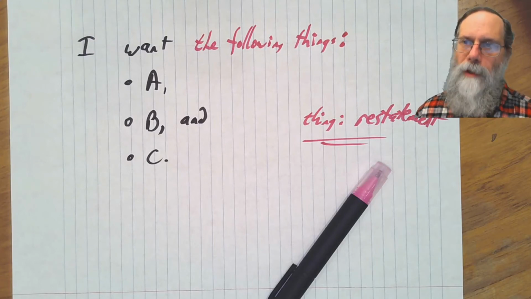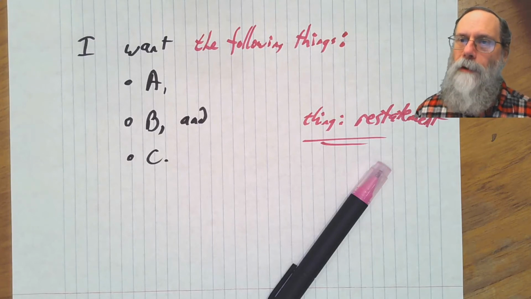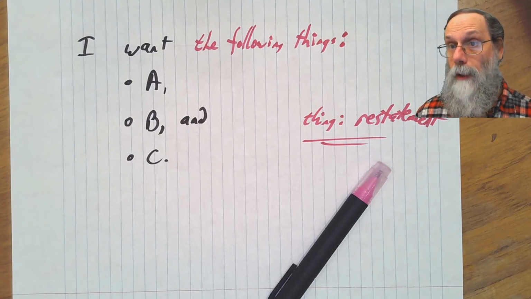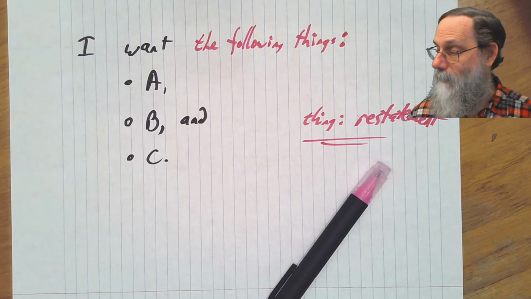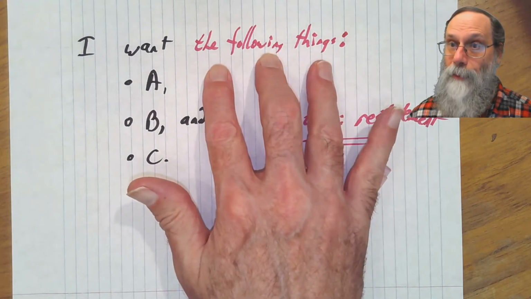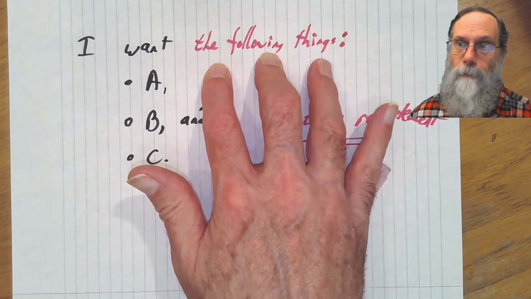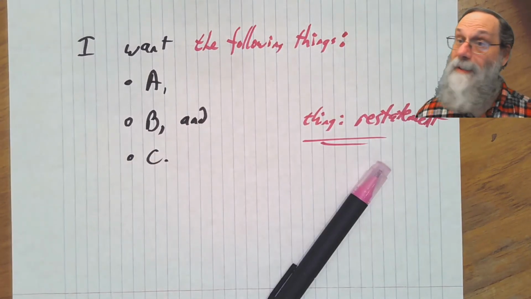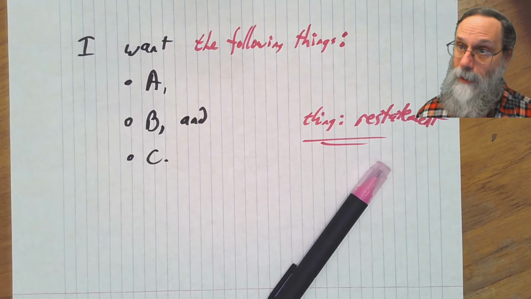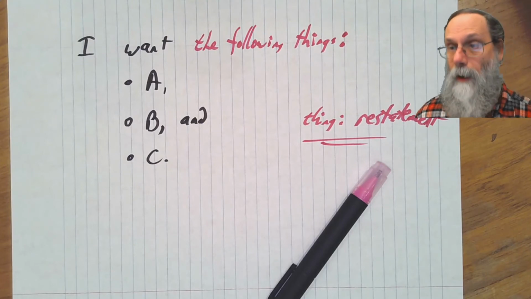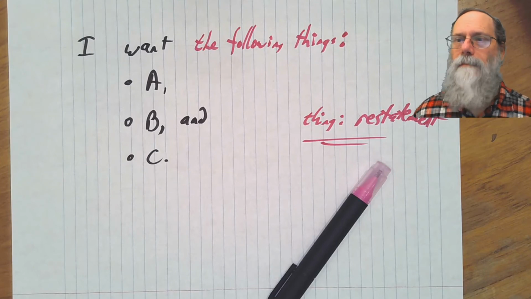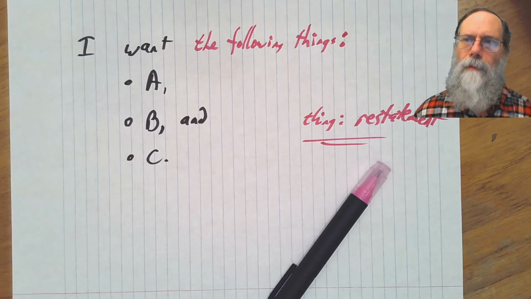So if you've got things that are already in and of themselves complete sentences, then it is better to put the colon and to have an object here so that you have a full sentence even before you get to the colon. You can also do that just by putting in a period: "I want the following things," period, and then do a list of full sentences or full paragraphs. The colon's a little bit nicer just because it ties things together a little bit better.